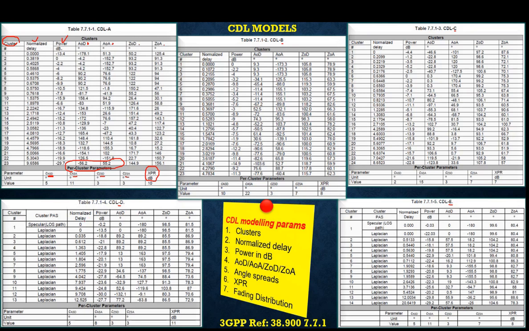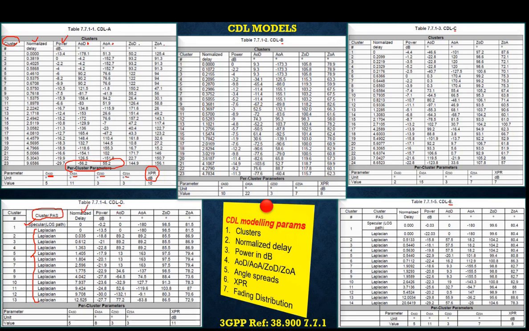Similarly, coming to CDL-D, you see cluster PAS, and we'll come to what cluster PAS is. There is also something called the specular LOS path. Here, all of them are Laplacian distributions, which is one of the fading distributions we are covering, and I will talk about it in detail.